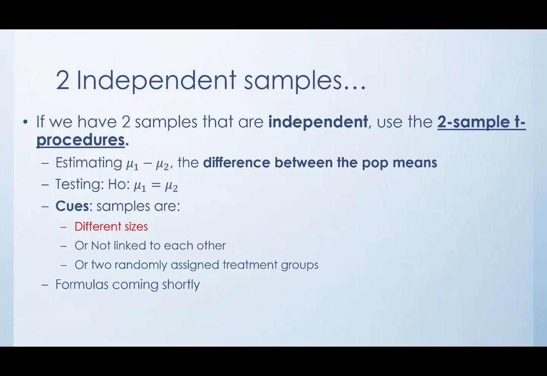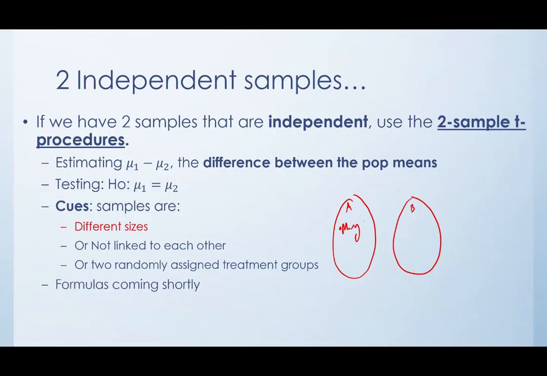So the clues or the cues that you have two independent samples are things like your samples are two different sizes. That's a dead giveaway that you have independent samples, okay? Because if they're not the same size, there's no way that an individual, let's say we've got group A, we've got group B, and let's say we've got Mary in this group.